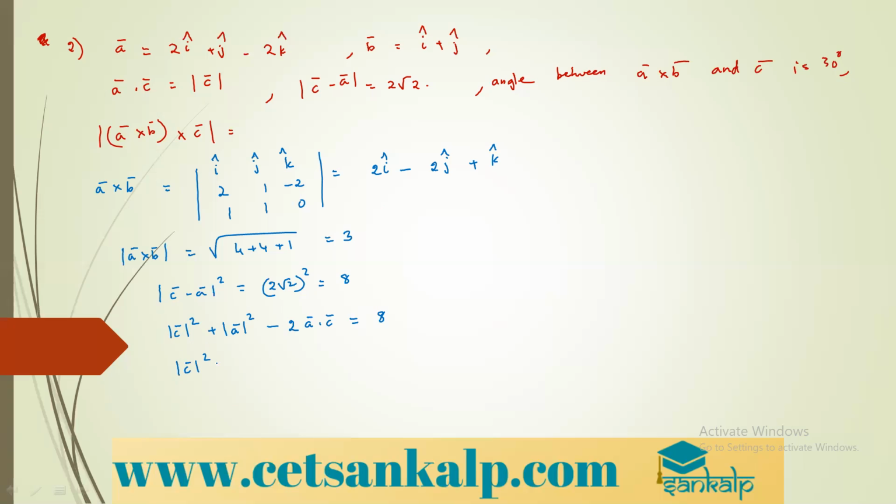A dot C is given as magnitude of C, so 2 times magnitude of C. Magnitude of A is square root of 4 plus 1 plus 4, square root of 9, that is 3. So magnitude of A square will be 9.